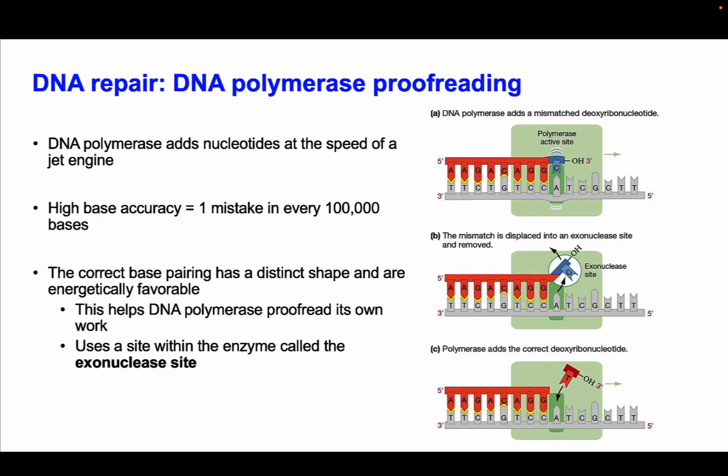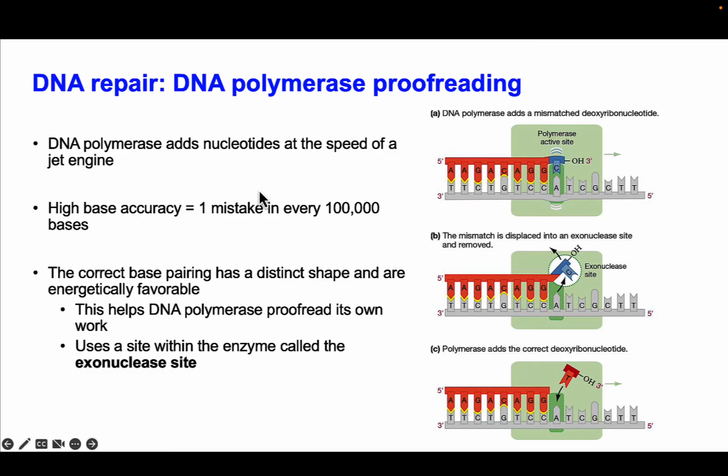Okay, so next we're going to shift gears and talk about another problem that exists with DNA synthesis, and that's mistakes. DNA polymerase adds nucleotides at the speed of a jet engine, and it actually has a really high base calling accuracy. It only makes a mistake 1 in every 100,000 bases, which is pretty impressive. It's like answering 100,000 multiple choice questions and making one mistake.